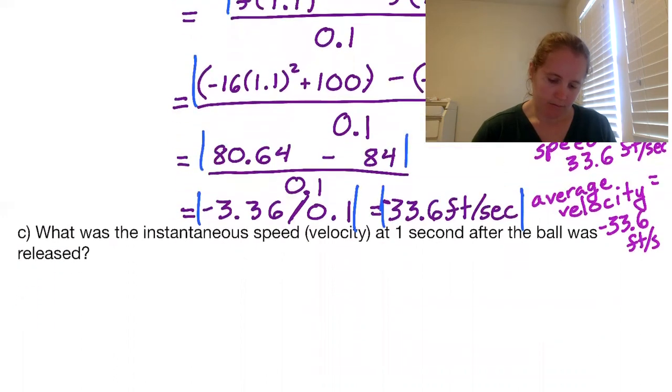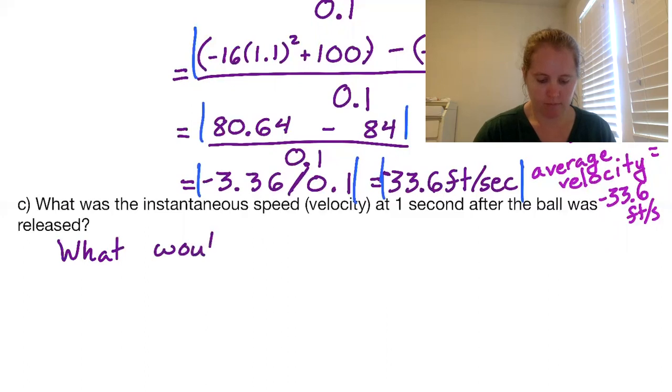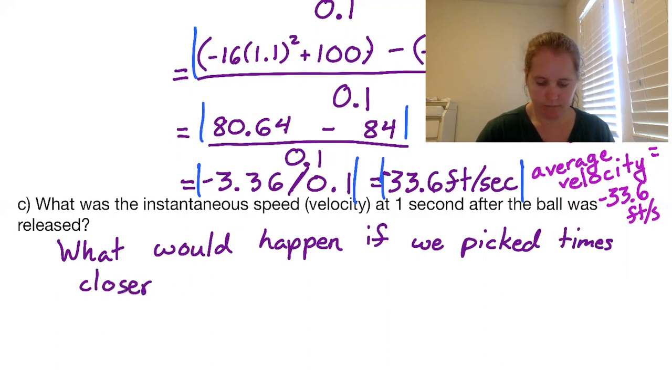So we want to know essentially what would happen if we picked times closer and closer to 1 second.